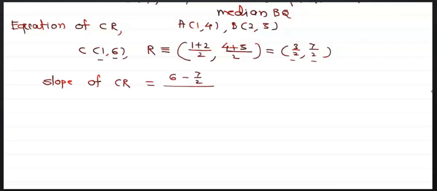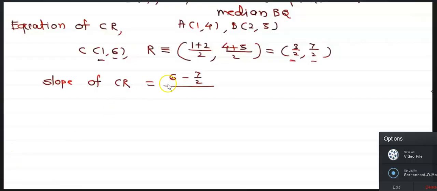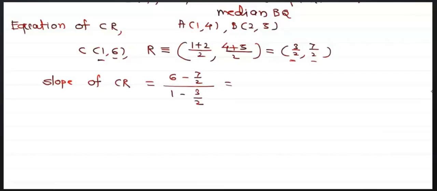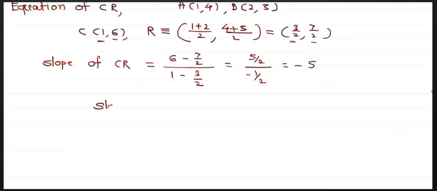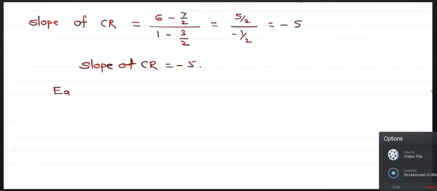Slope of CR, that is 6 minus 7 by 2 and 1 minus 3 by 2, that is equal to 5 by 2 upon minus 1 upon 2, which is equal to minus 5. Therefore, the slope of CR is minus 5.